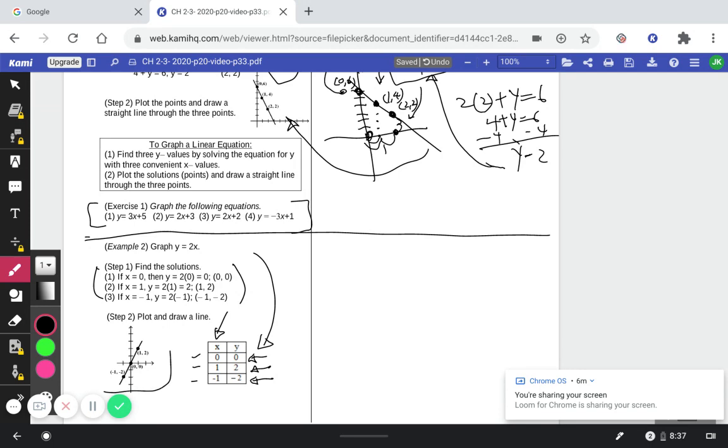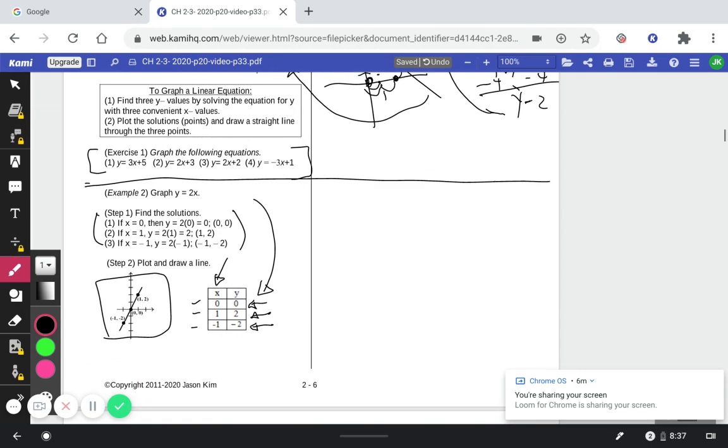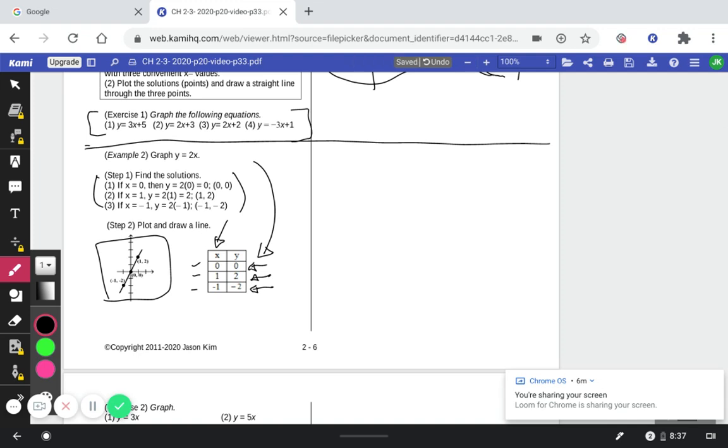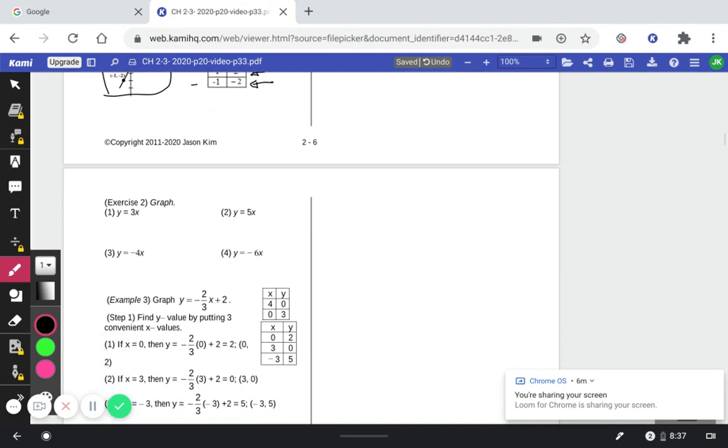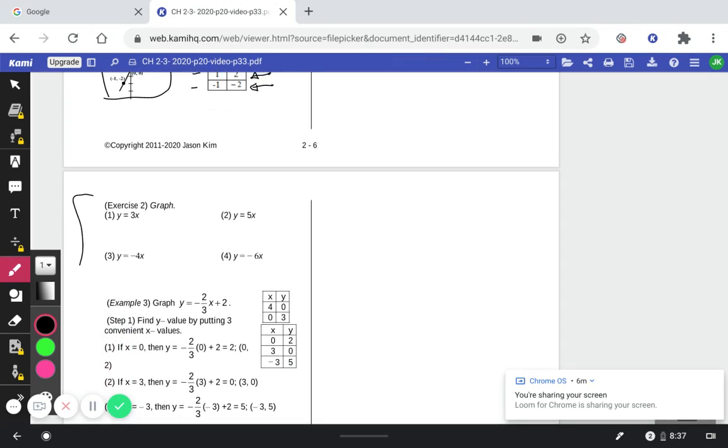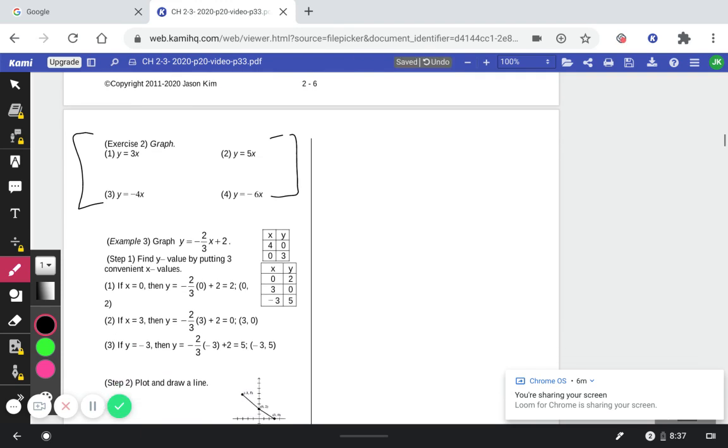And then you get this picture. This one doesn't require any formulas or rules, but choosing a good starting x value is the key. If you want, you can try exercise 2 and graph this.